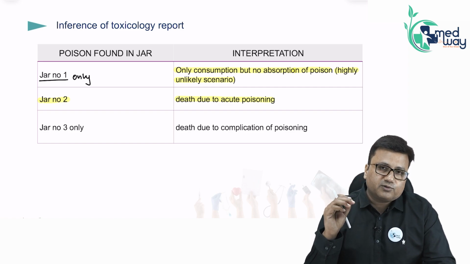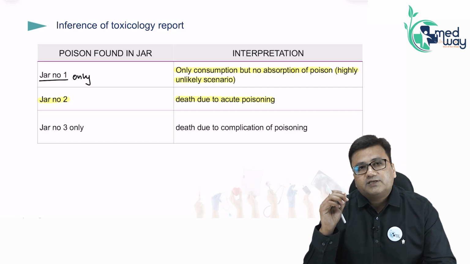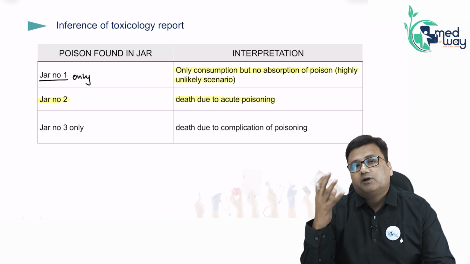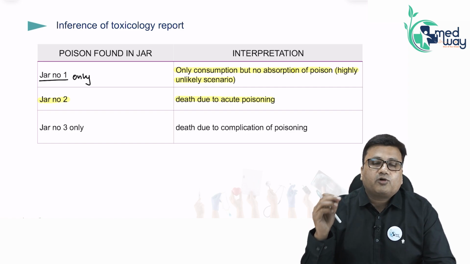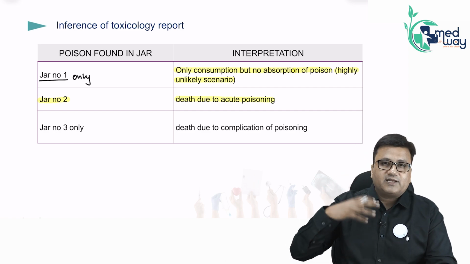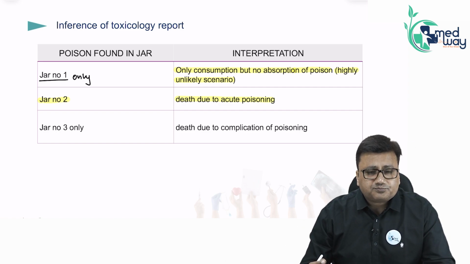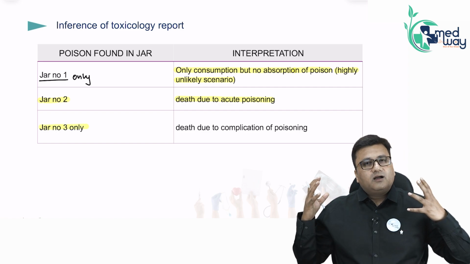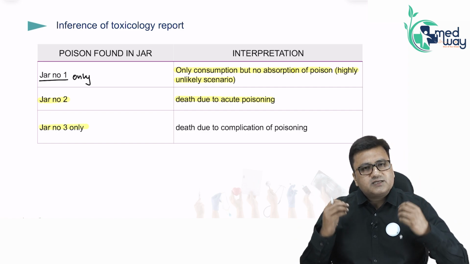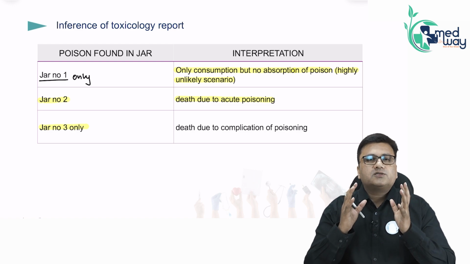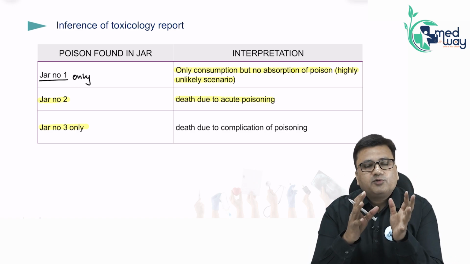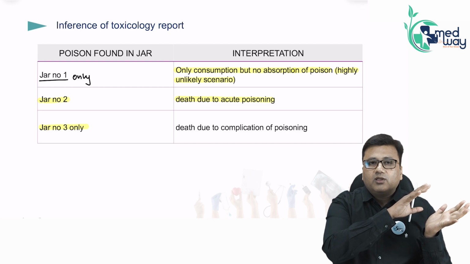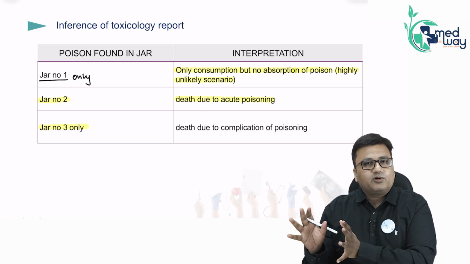And what if the report says no product in jar number 1, that is no product in ingestory pathway, no product in jar number 2, so nothing was in active circulation also, but only in jar number 3, which means whatever was probably ingested, it was circulated, distributed, metabolized, and now is being excreted from the body.